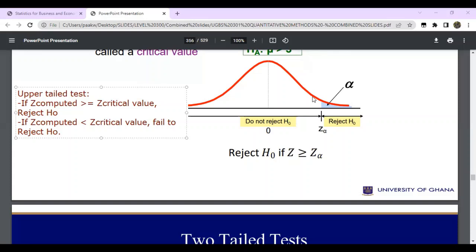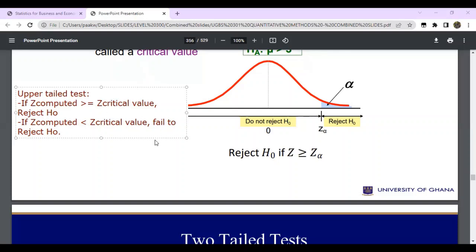For the upper tail test, if Z computed is greater than or equal to Z critical, reject H0. If Z computed is less than the critical value, fail to reject. It's the opposite of the lower tail test, where if Z computed is less than or equal to Z critical, we reject, and if Z computed is greater than Z critical, we fail to reject.